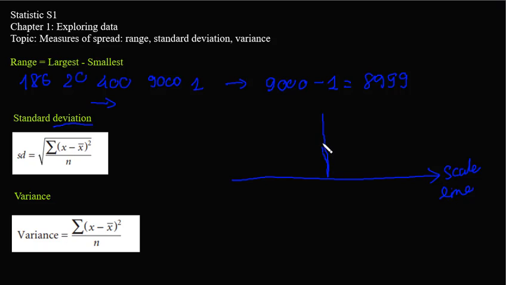Other data points are something like this, here and here and here. The length of this one is not important. The important thing here is the location of these things.